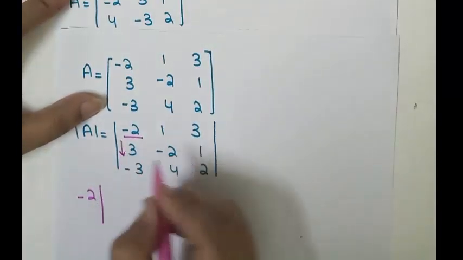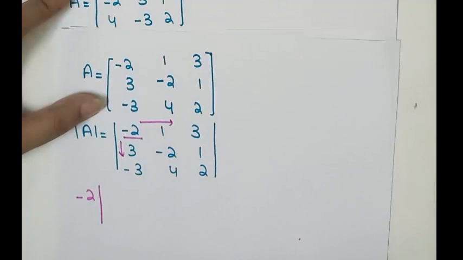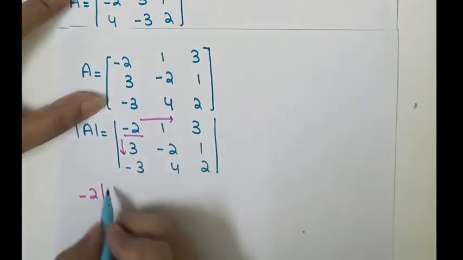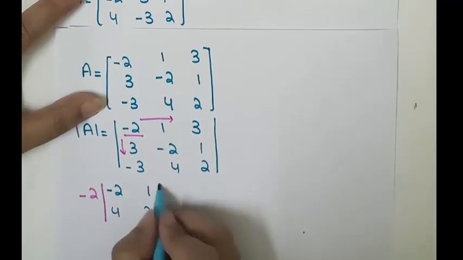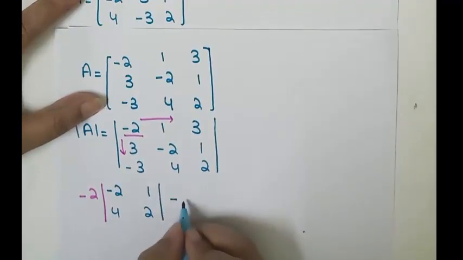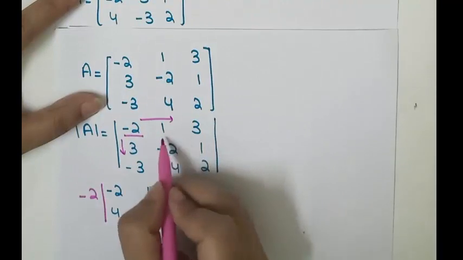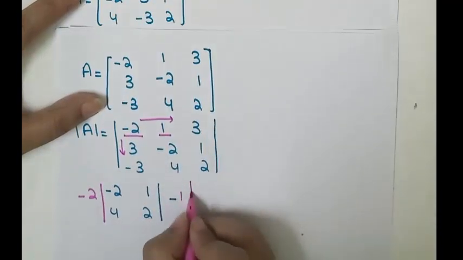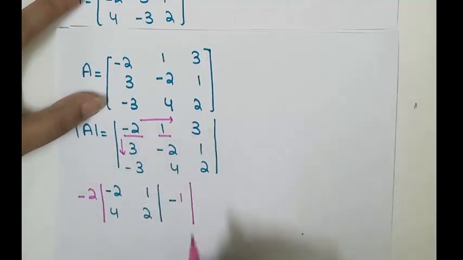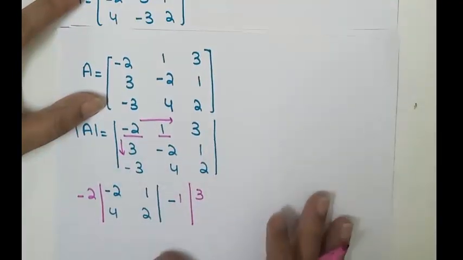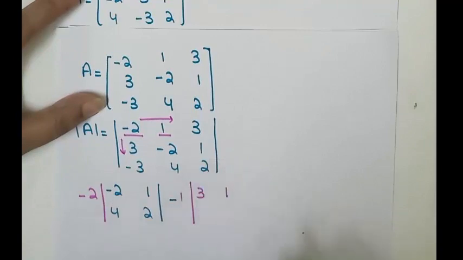Now we will skip these two rows and columns and we have minus 2, 1, 4, 2. Then a negative sign. Then we will write this term outside the determinant and now we will skip this column and first row and we have 3, 1, minus 3, 2.